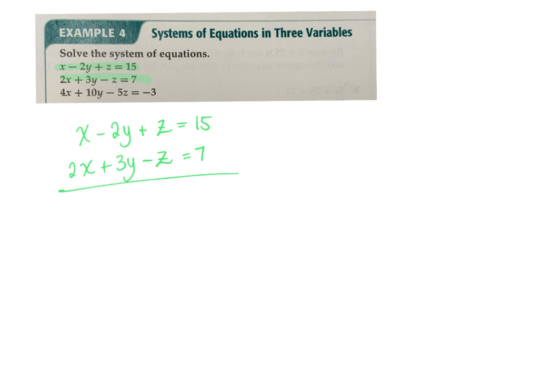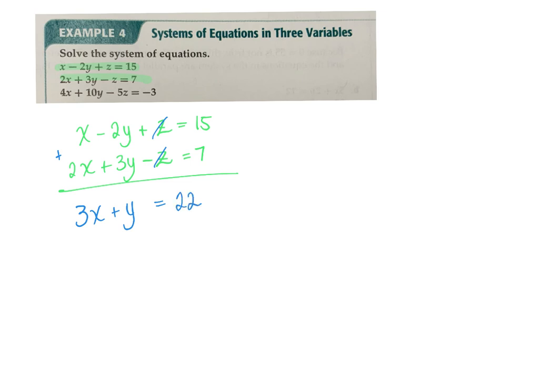So I'm picking z because I already have a positive and negative here, right? And that makes my life a little easier. So I can just add those 2 up and I will eliminate z. x plus 2x is 3x. -2y and positive 3y is y. My z's eliminate. 15 and 7 is 22.